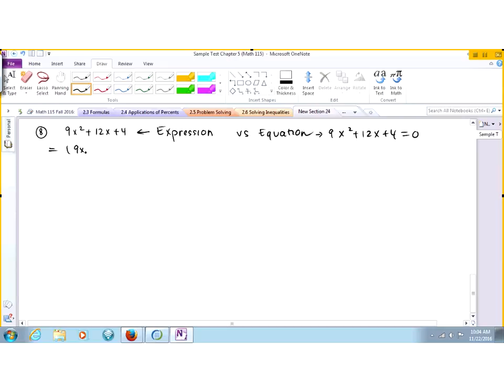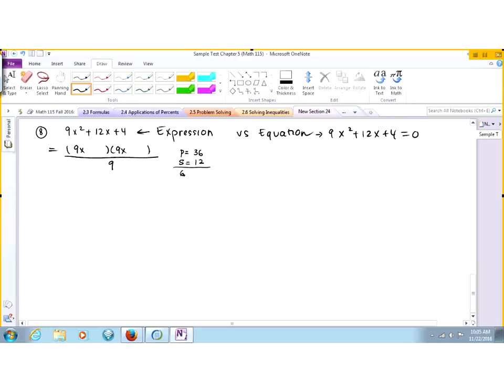What method? AC? Yes. So 9x divided by 9. So the product is equal to what? 36. And the sum is equal to 12.